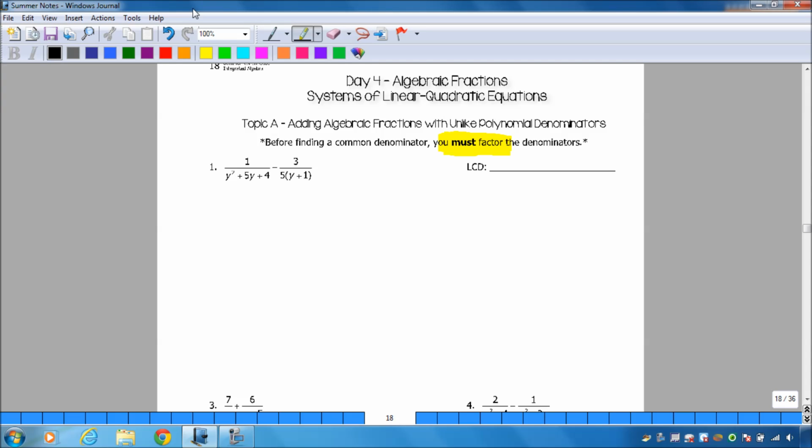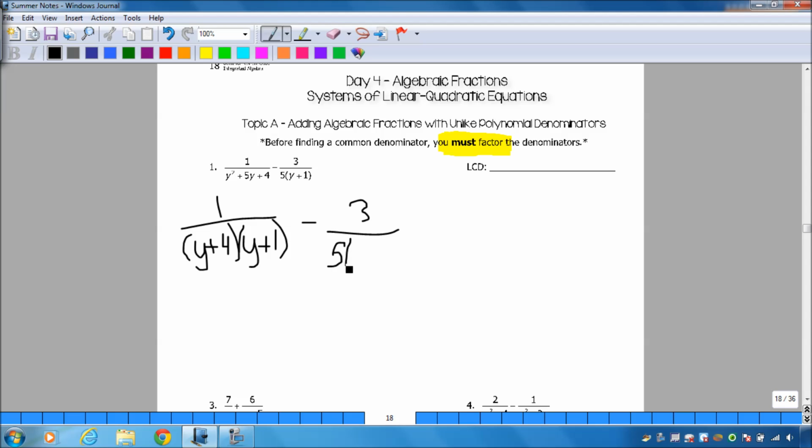All right, so number 1, I'm going to rewrite this fraction right here so that it has a factored denominator. So it's going to look like this: 1 over y plus 4 times y plus 1, minus 3 over 5 times y plus 1. Now remember, your LCD is going to include everybody in it.